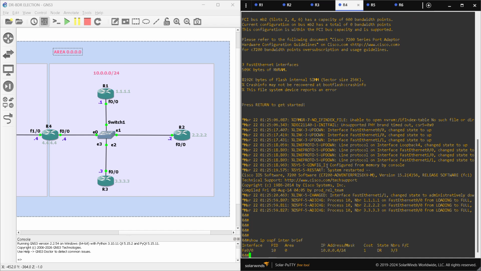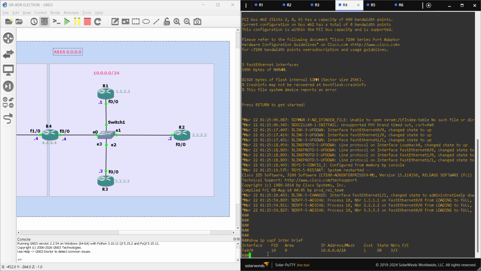Here as you can see, R4 is in full state with 3 routers and neighbor with 3 routers, right? As you can see.